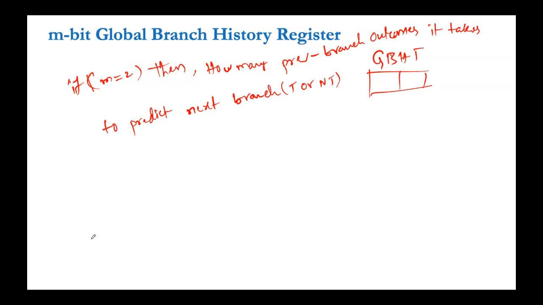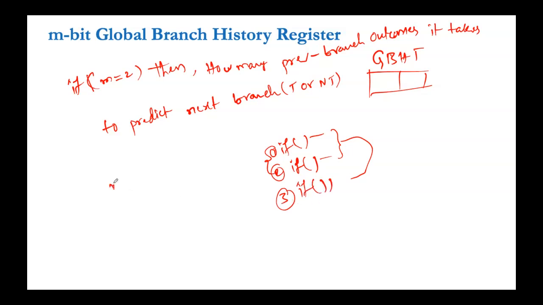From our previous example, if M is equal to 2, it means the previous two branches, branch 1 and branch 2, will be considered. Based on whether they are taken or not taken, it is going to predict whether the third branch will be taken or not.